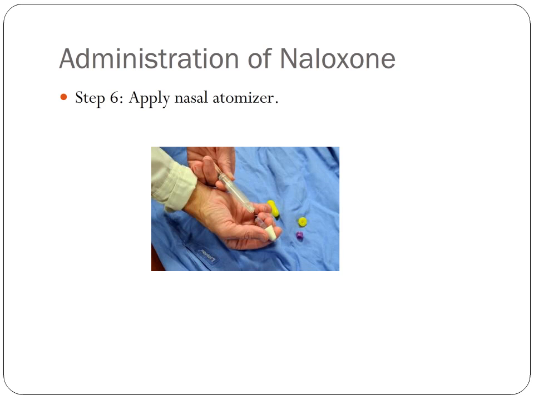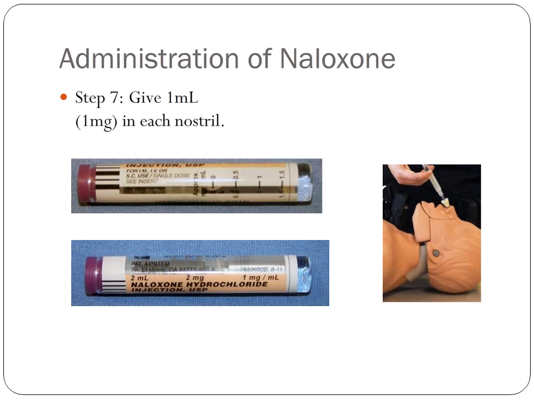So next we apply the nasal atomizer, and the atomizer goes on the tip of the syringe. You will remove the yellow cap, as you see laying down here below in the picture, and the nasal atomizer then screws on with about a fourth of a turn onto the syringe.